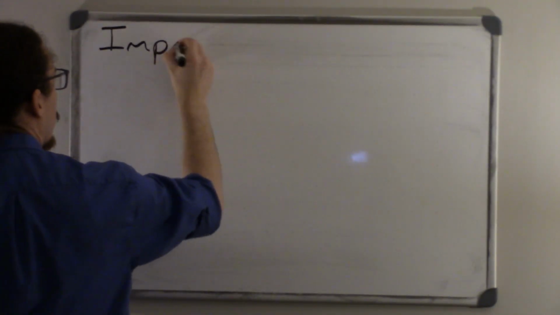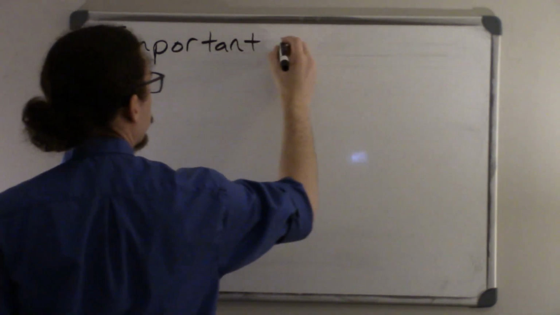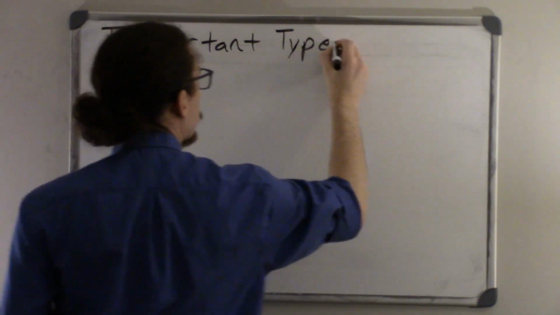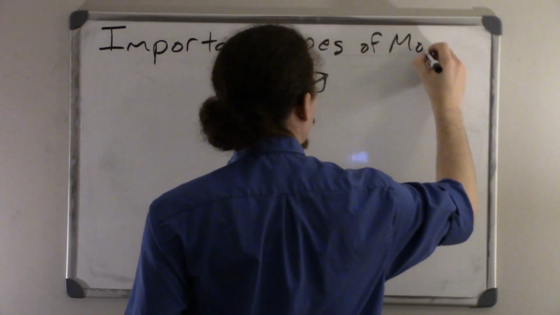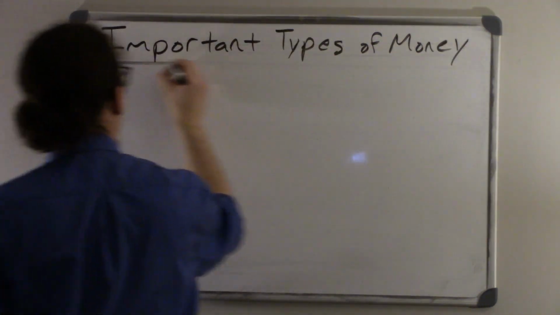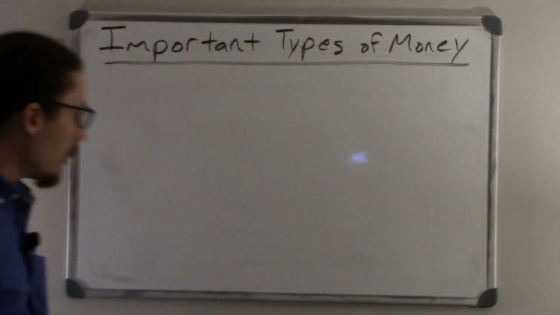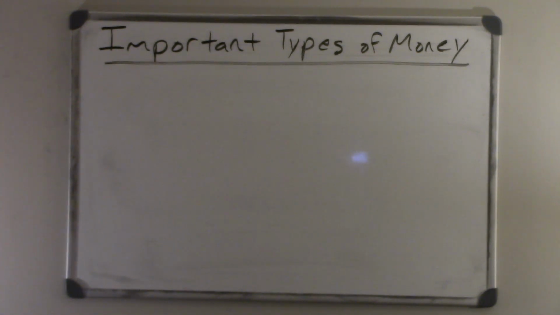So let's talk about some of the important types of money for the U.S. There are 4 of them.